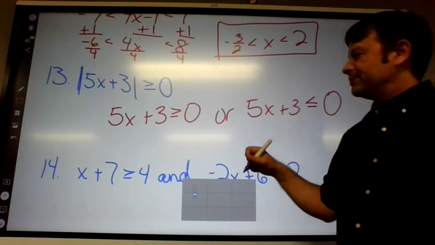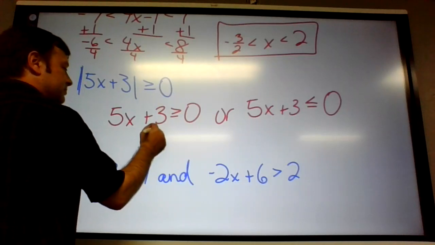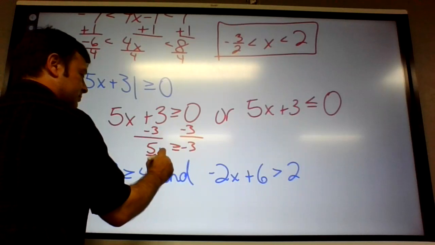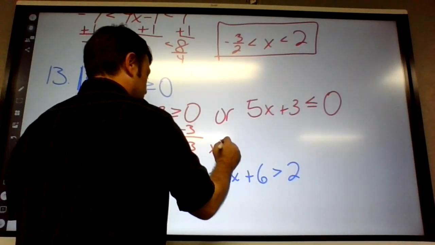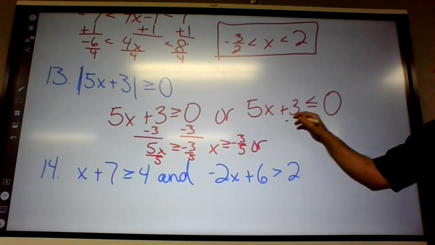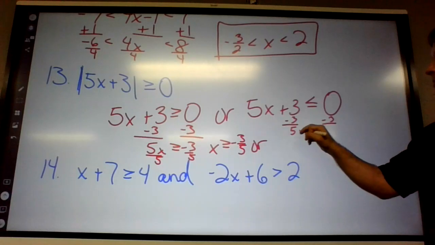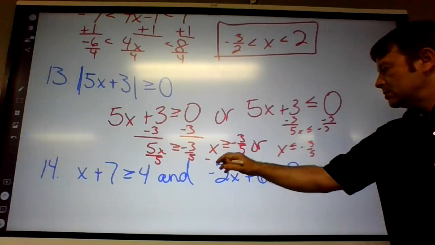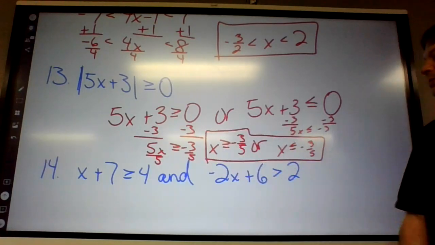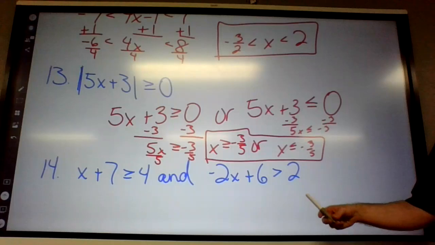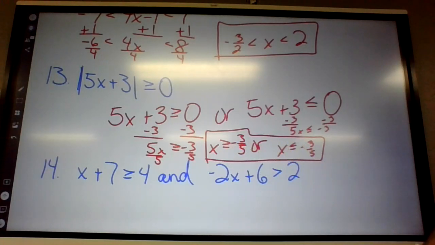The numbers came out the same because it's a 0 on both of them, but one of them is greater than, one of them is less than.